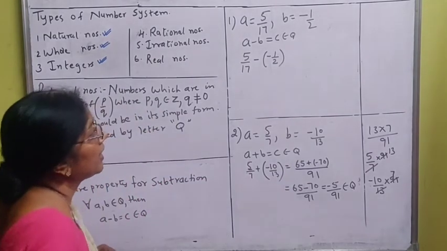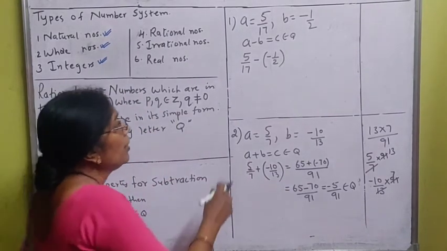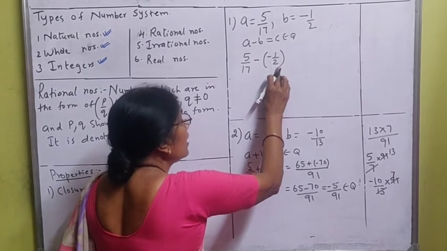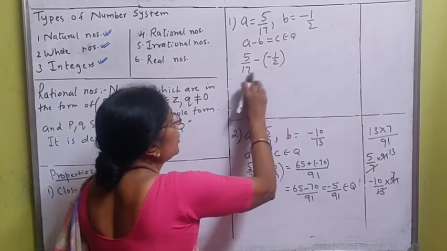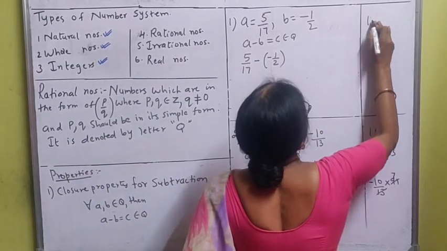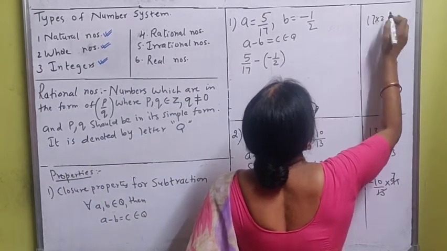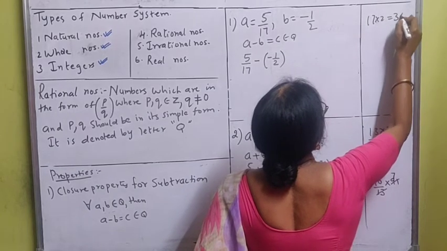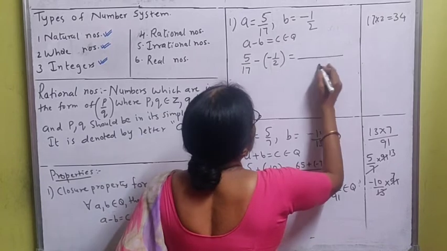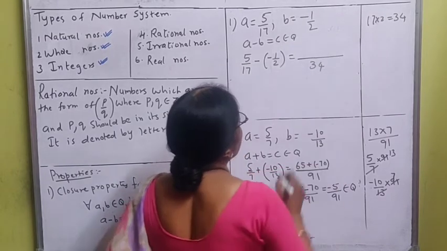Again you can see here denominators are different. So one is a prime number, another is a whole number. So you have to multiply this 17 into 2. 17 2s are 34. So what is your LCM? LCM is 34. That will become your denominator.